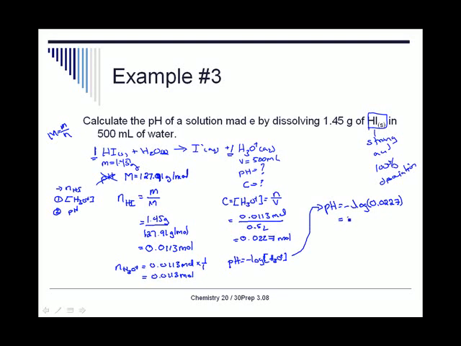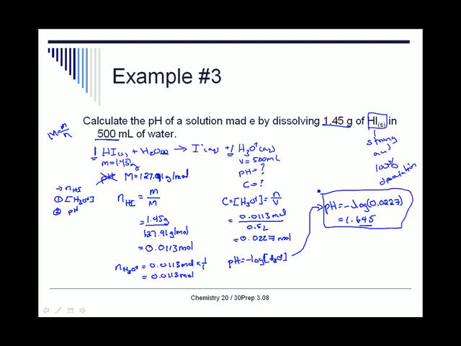And so our pH is 1.645. And the reason I have 3 digits behind the decimal here is because I have 3 significant digits in my question. So both my numbers have 3 significant digits, so my answer has to have 3 significant digits. So there's the pH of our solution of hydrogen iodide.